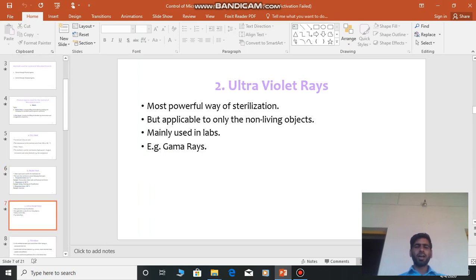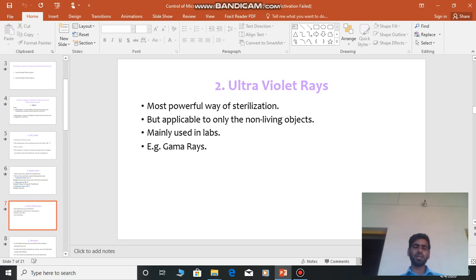The next and second physical method used for sterilization of material is ultraviolet rays. Ultraviolet rays are a powerful way of sterilization, as these rays have the ability to cause different types of mutation.